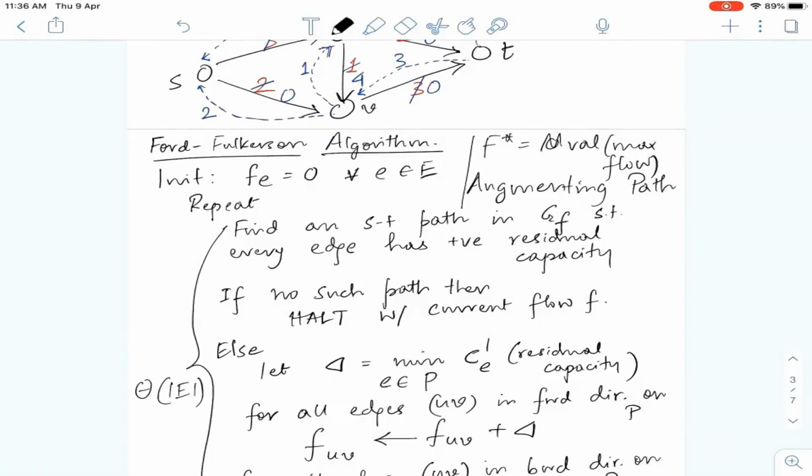Now remember, we argued that the flow value strictly increases at every iteration. It starts with 0. The initial flow is 0, but it strictly increases at every iteration.